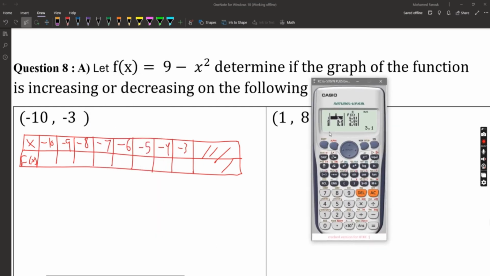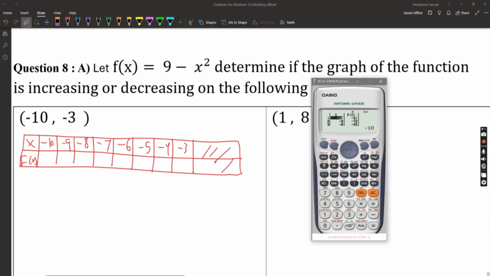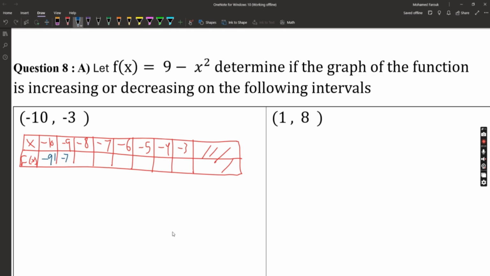Write the function 9 minus x squared. Of course, after getting mode and table, equals, the starting point will be -10, end point will be -3, and the step here is 1. Okay, and you have your values for y for the function. It's -91, -72, -55.